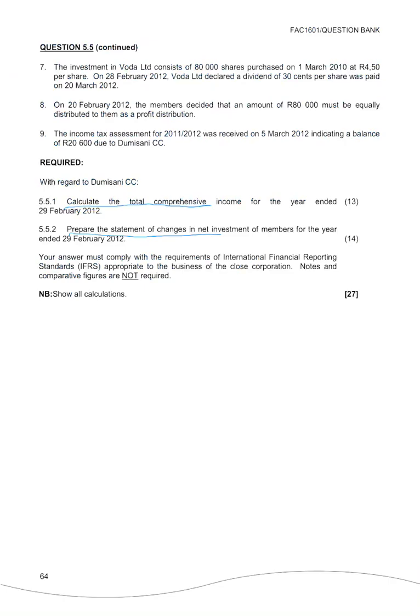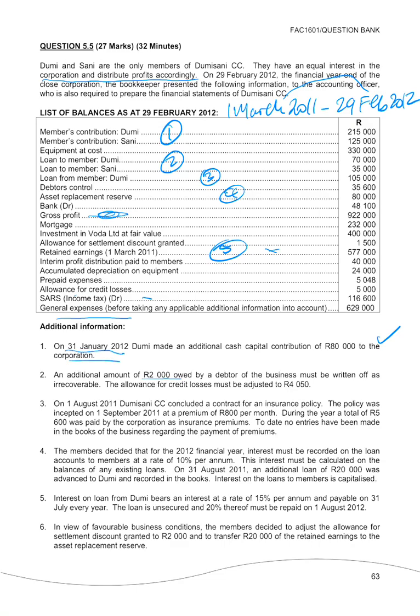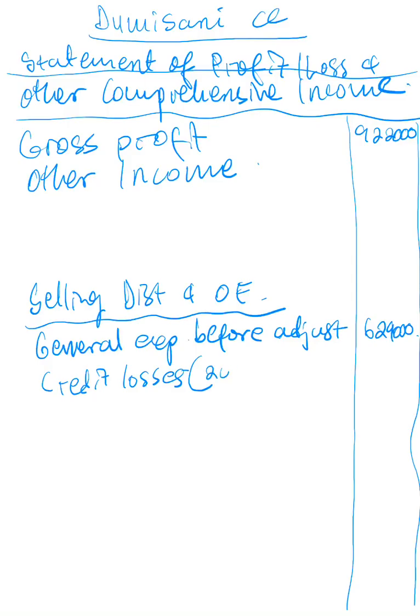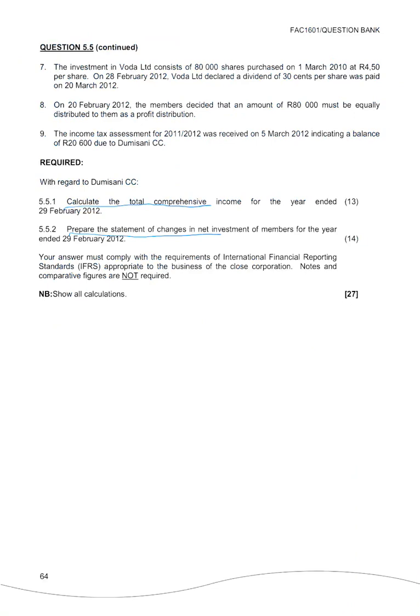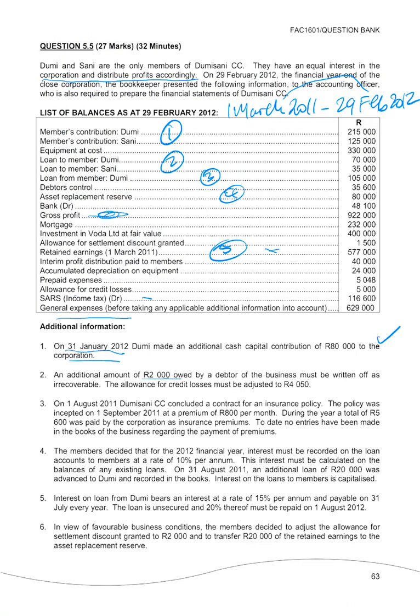So our credit losses here, they are saying that they are 2,000 rand. Then we check if there was an allowance. The allowance for credit losses must be adjusted to 4,050. What is the allowance for credit losses there? It is 5,000.